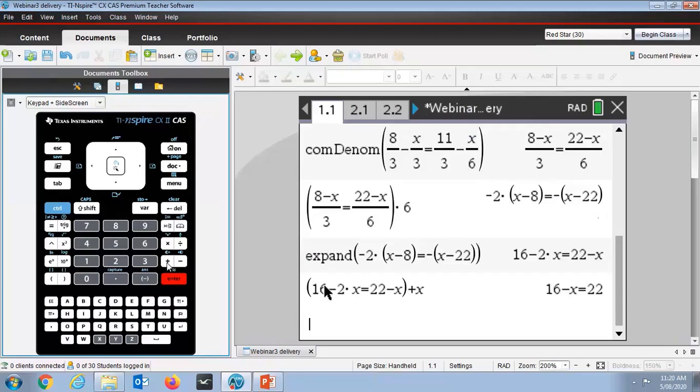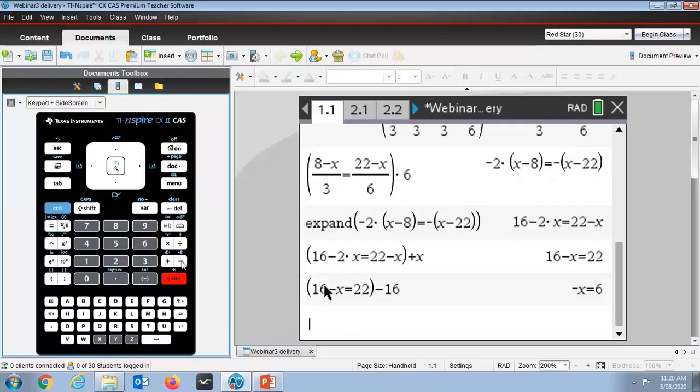We'd now like to throw 16 over on the other side by subtraction, since it's positive. But watch what happens when I press subtract. We get now answer minus. Now, what do we want to subtract from both sides? It's the number 16. Press enter, and it's greatly reduced again.